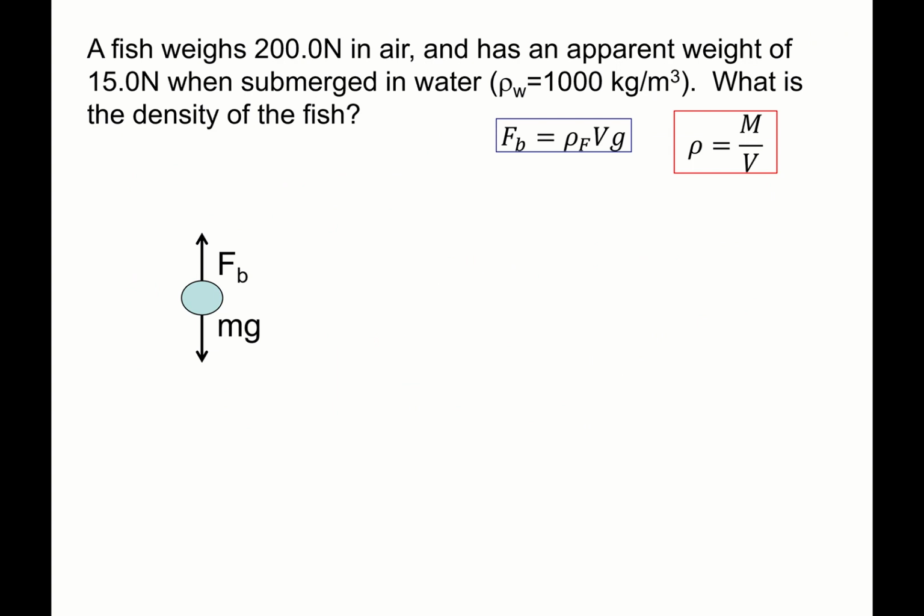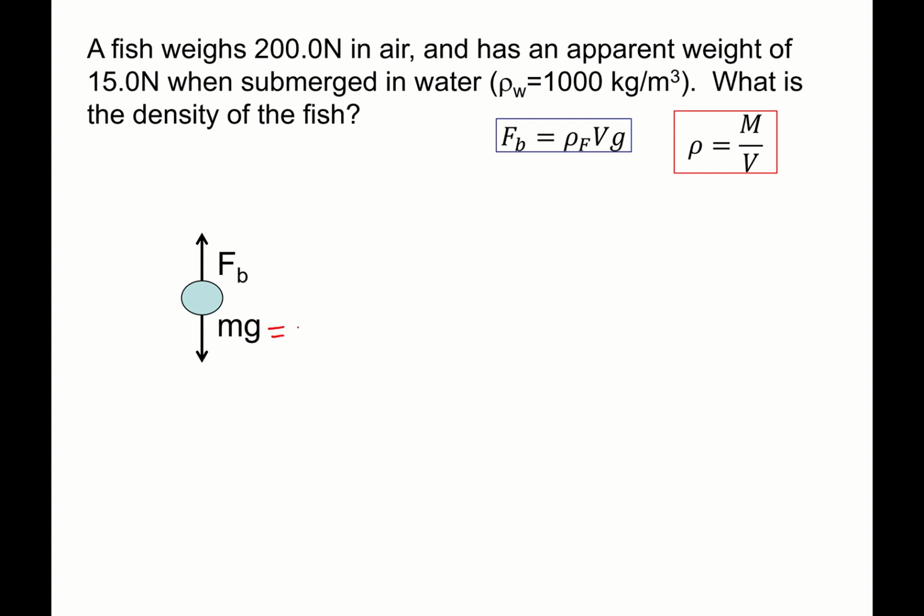Okay, so now let's do an Archimedes' principle problem. For Archimedes' principle, what we know is that an object that's in a fluid feels lighter because of the buoyant force pushing up on it, and that the apparent weight of the object will be equal to the difference between the weight downwards and the buoyant force upwards. So in this problem, you're going fishing, and it tells you the fish weighs 200 newtons in air.